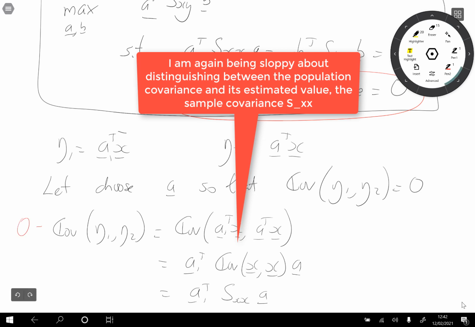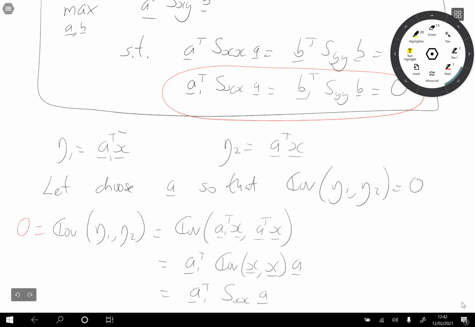Setting the covariance between eta1 and eta2 to be 0 is the same thing as setting A1 transposed SXX A equal to 0, and that was the constraint we chose up here. And the same thing will work out for the B's.